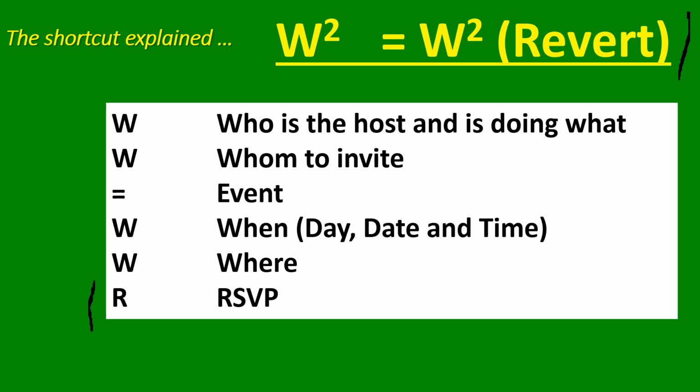RSVP is a French term, répondez s'il vous plaît, which means please reply. Répondez, reply. S'il vous plaît is please. And you have to revert back. That is the purpose of the R in the shortcut. So you need to remember W squared is equal to W squared and revert.